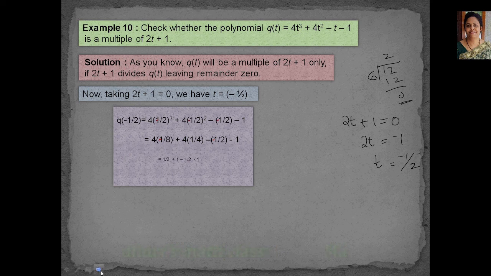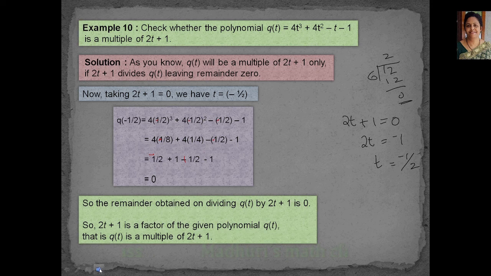So you will get negative 1 by 2 plus 4 into 1 by 4 is 1. Minus of minus means plus half, minus 1. So minus half plus half is 0, and minus 1 plus 1 is 0. You will get remainder 0.